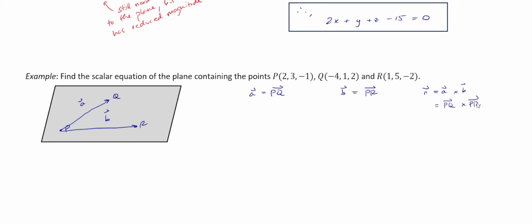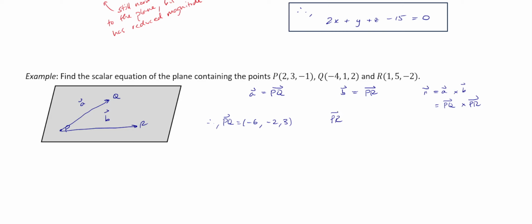Okay, so let's find what vector A is. A is PQ, so I'm going to take -4 minus 2, which is -6, 1 minus 3, which is -2, 2 minus 1, which is 3.